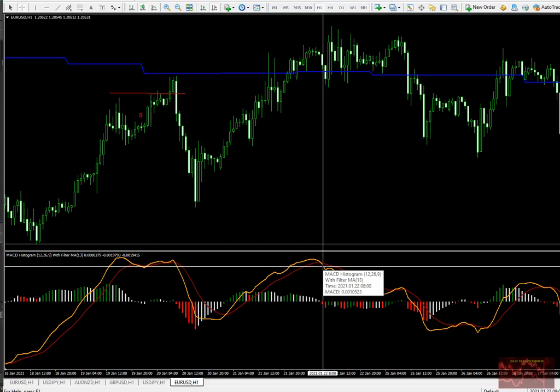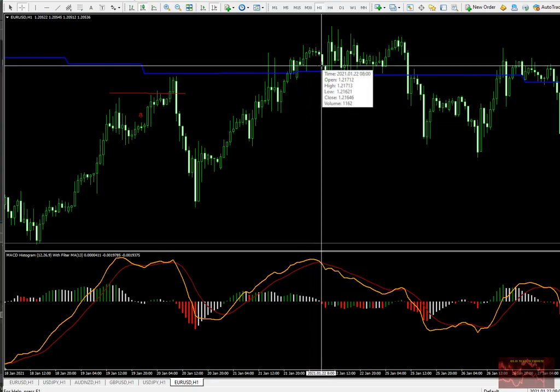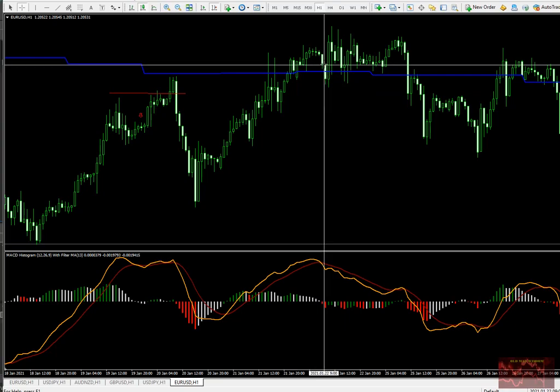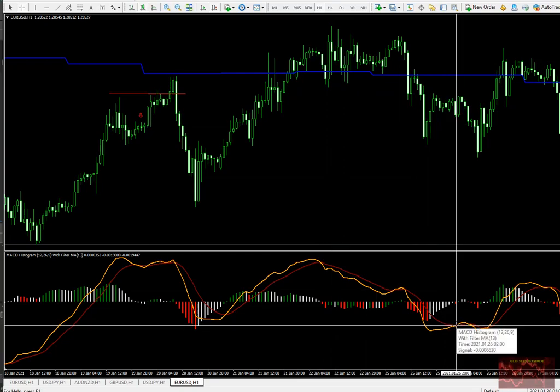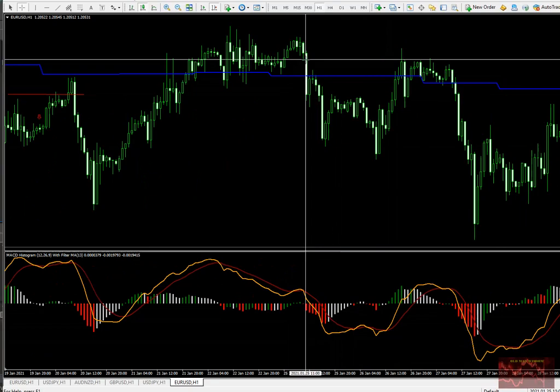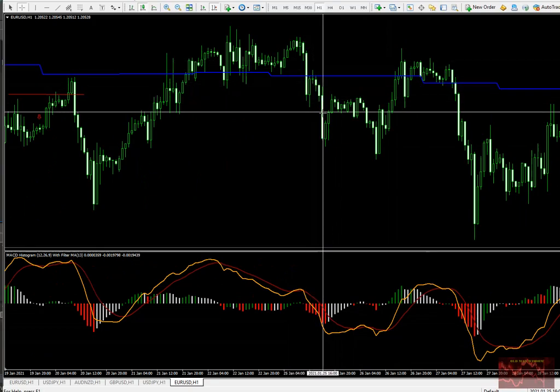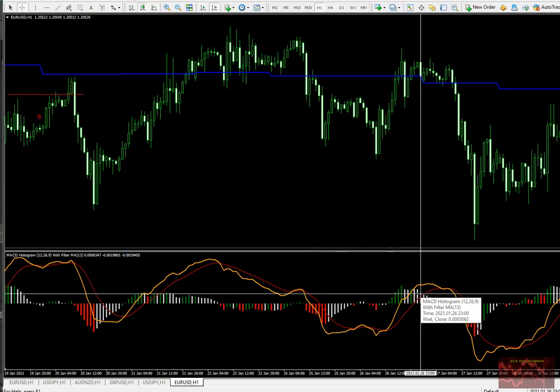The crossover occurs there, so this is not a buy trade and it's not a sell trade, so you just ignore it. If it remains above the moving average, then the crossover has to occur underneath the 0 line. If it's below the moving average, the crossover has to occur above the 0 line.